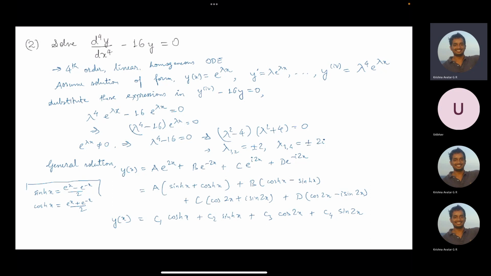Likewise, we use Euler's formula to expand e to the power i2x and e to the power minus i2x. Then y(x) is equal to c1 cosh x plus c2 sinh x plus c3 cos 2x plus c4 sin 2x. So with this we have solved two examples on ODEs.